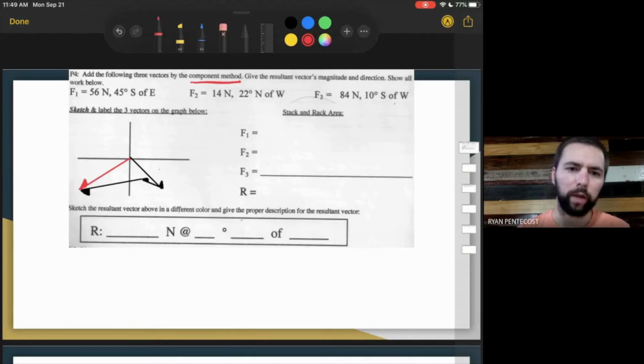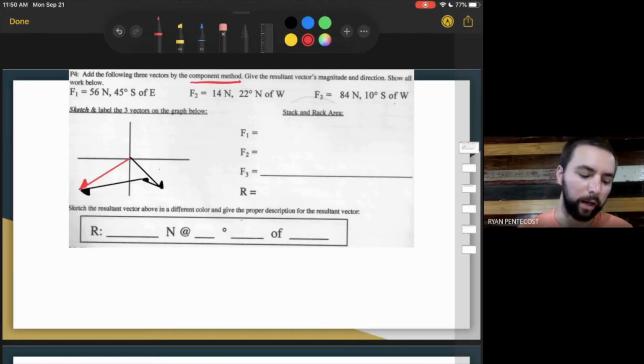So first we have 56 newtons, that is 45 degrees south of east. These are polar vectors, not Cartesian vectors. So we know the hypotenuse is 56 newtons, and we know the angle is 45 degrees.